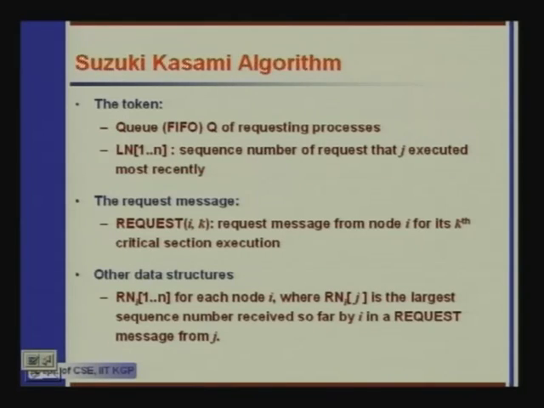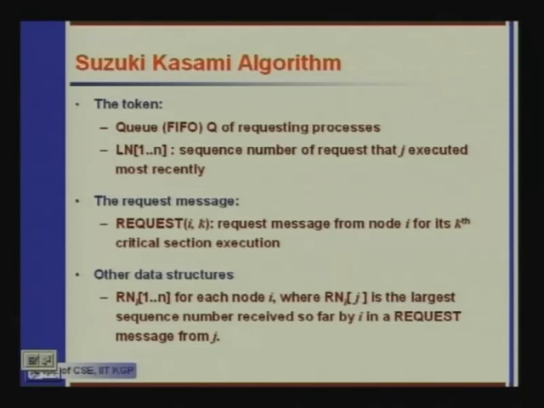Now, is it possible that you get more than one pending request from j? In that case, multiple requests by j can be accepted.